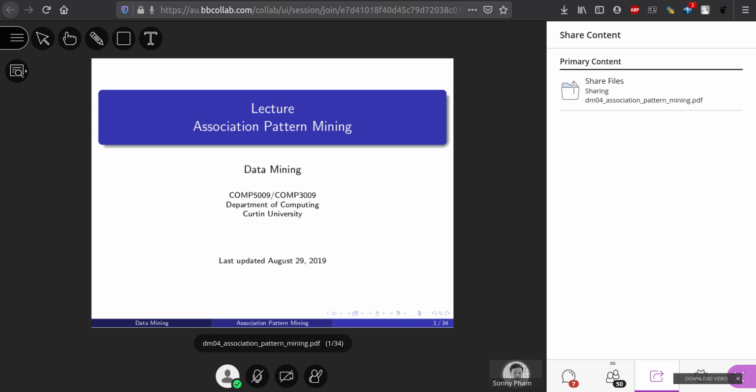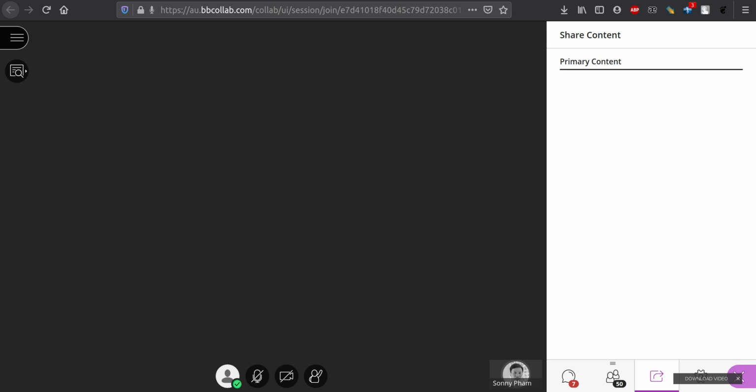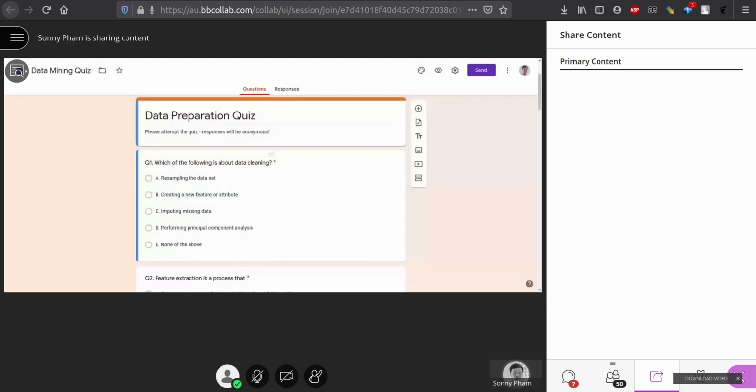We can discuss here. I'm just sharing what I have here, a Google Form, data mining quiz. Let's go one by one. All right. When you open the first one, the first question I would like to ask you here is: you have resampling the data set, creating new features or attributes, imputing missing data, performing principal component analysis.